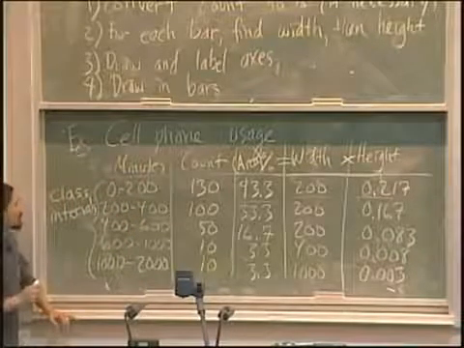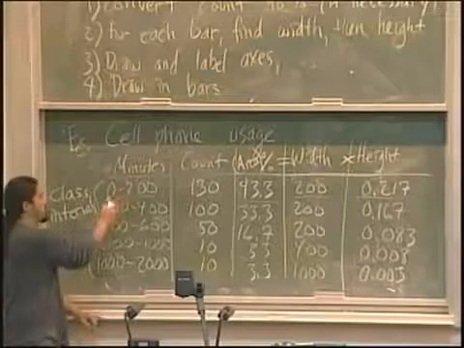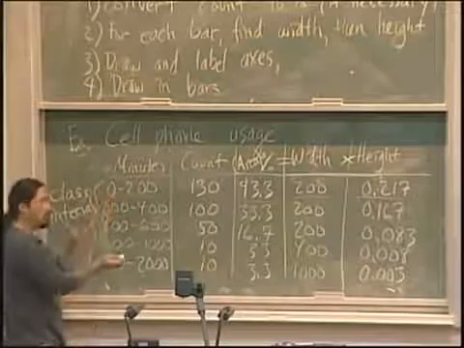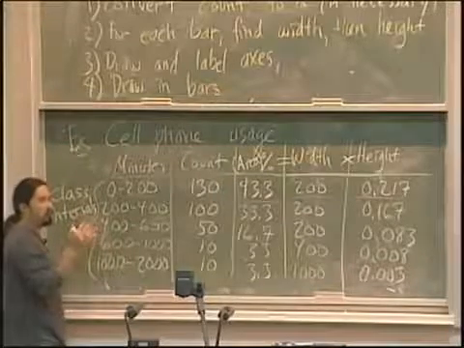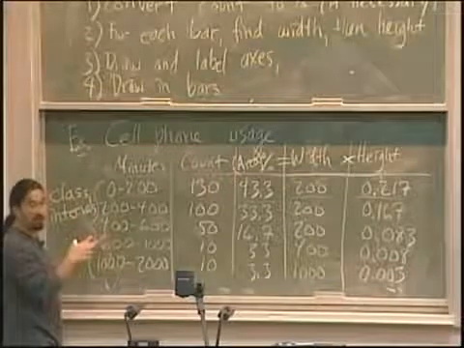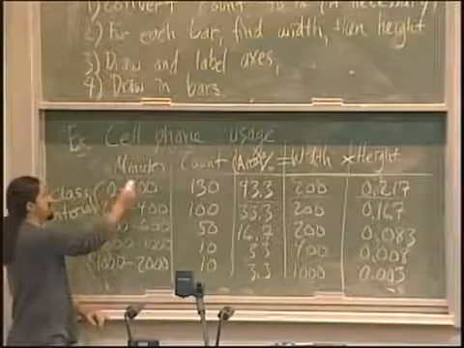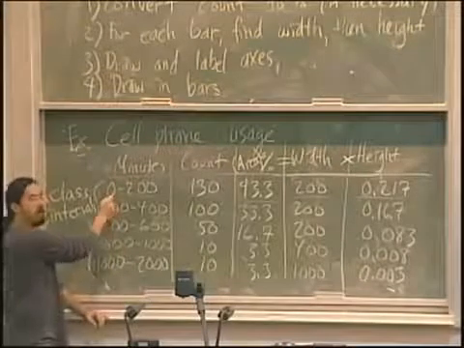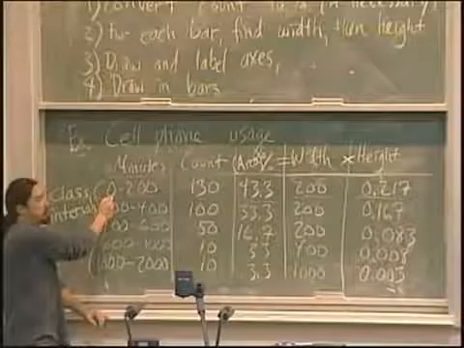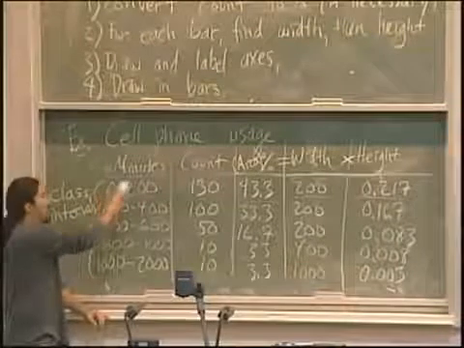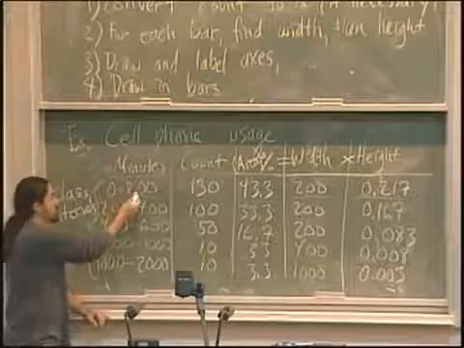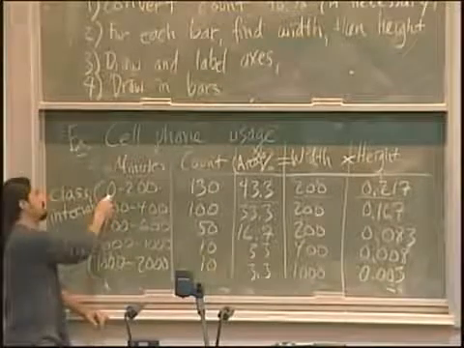Another reason why that makes sense is if you think about 0 to 200, and whether we'd like a left endpoint convention or a right endpoint convention. If this first bar, 0 to 200, did not contain 0, then what would you do with someone who talks 0 minutes? They're not in that bar, right? If the bars included the right endpoint but not the left, then 0 wouldn't be in there.